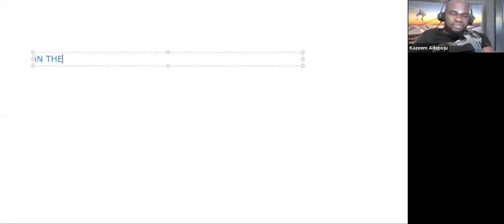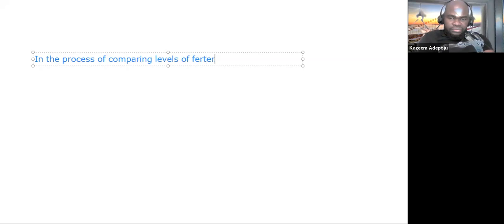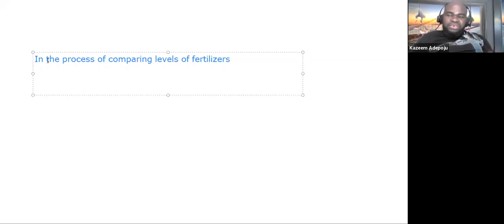Now, in the process of comparing levels of fertilizers, let's assume that the treatment we want to consider has level A, and level A is 0 kilogram.